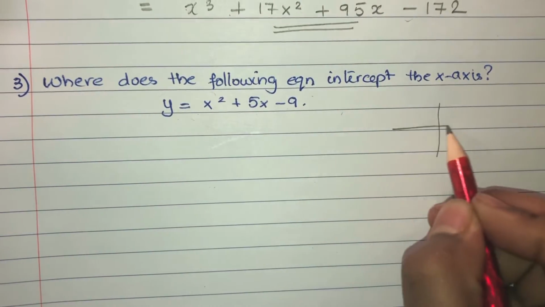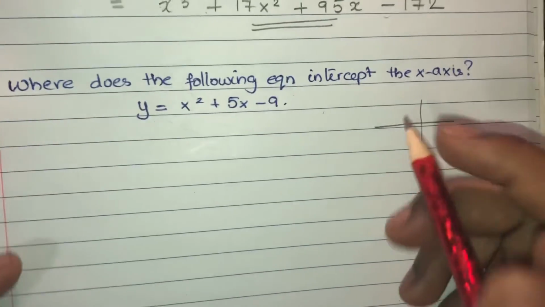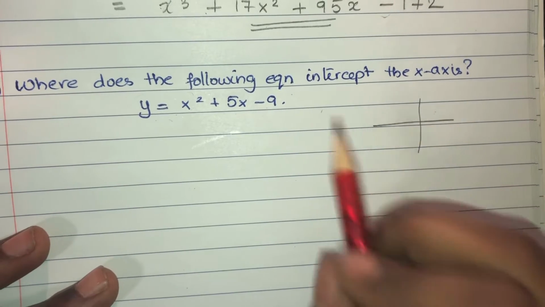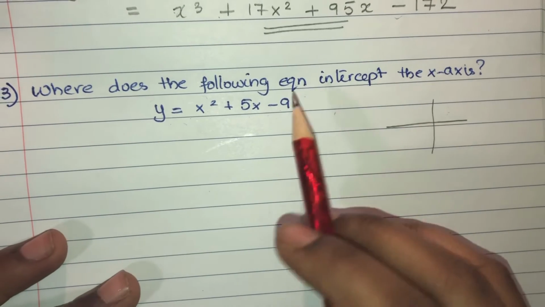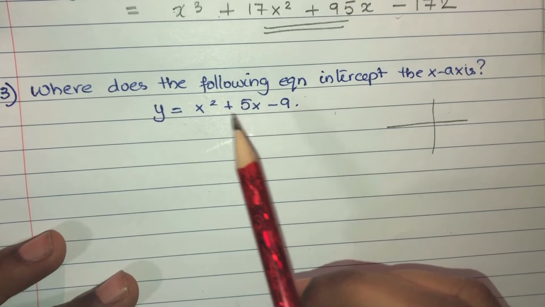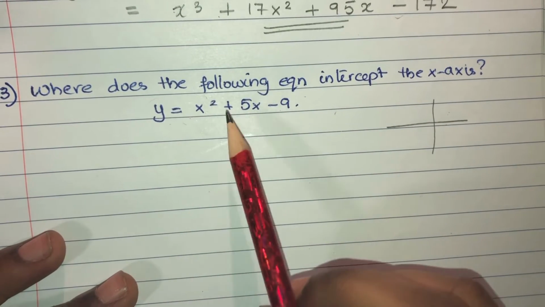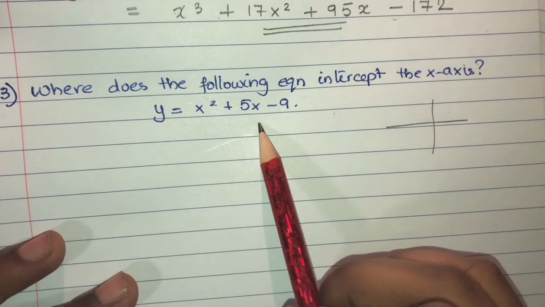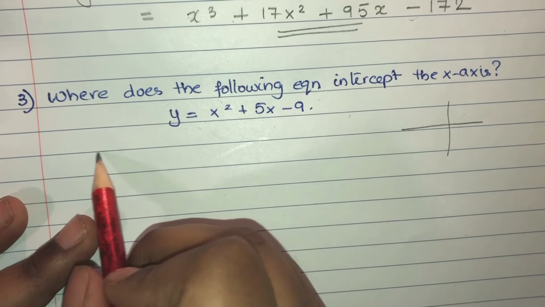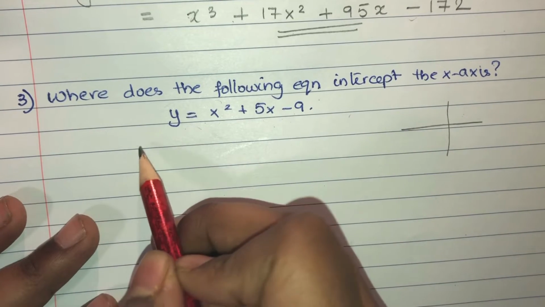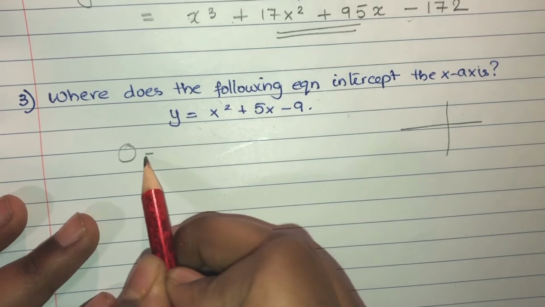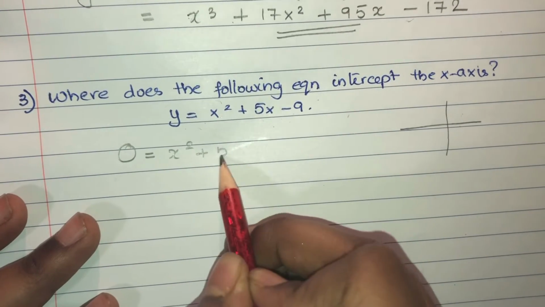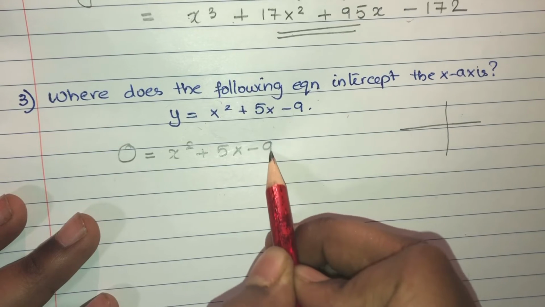To find the x-intercept, plug in 0 for y and solve for x. So we get 0 is equal to x squared plus 5x minus 9.